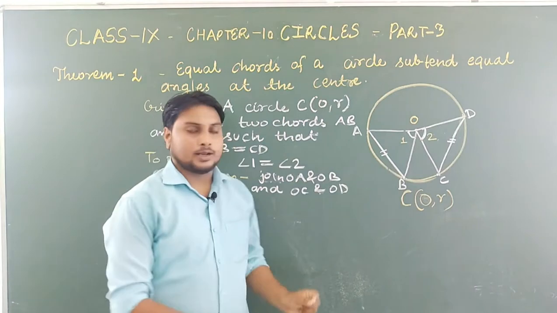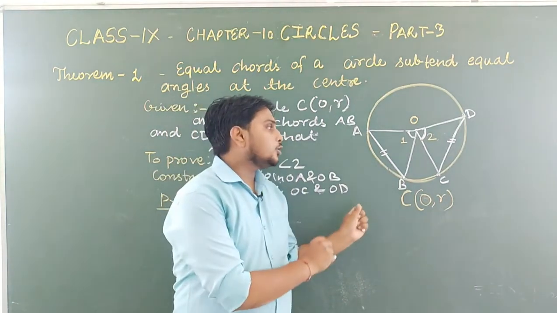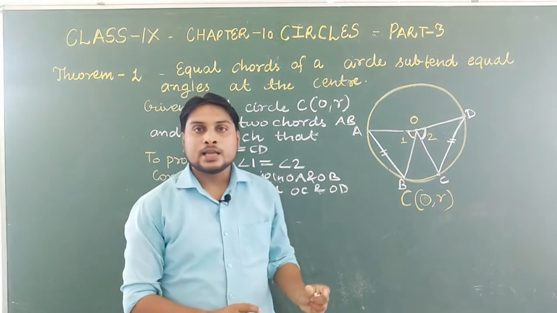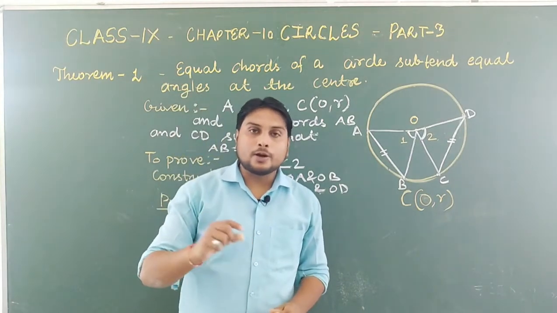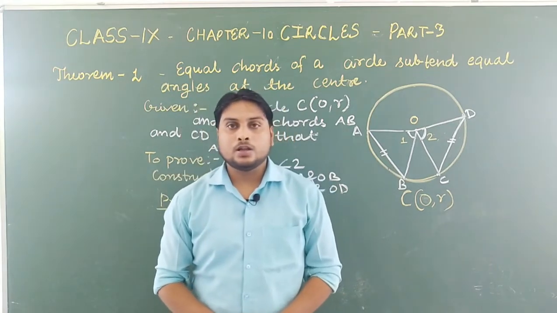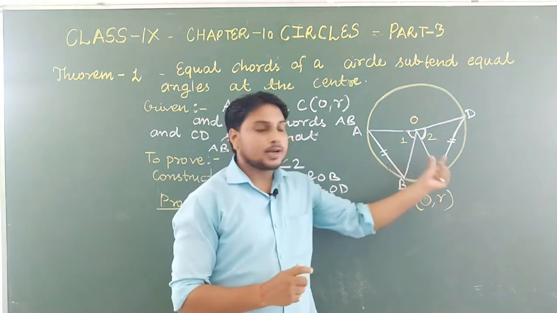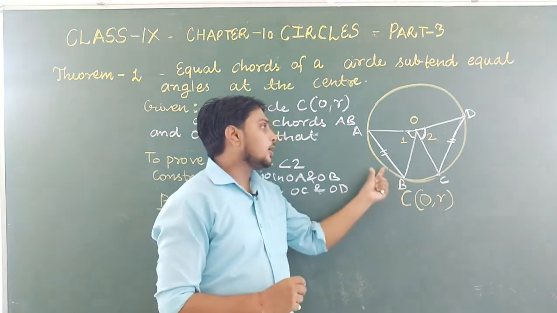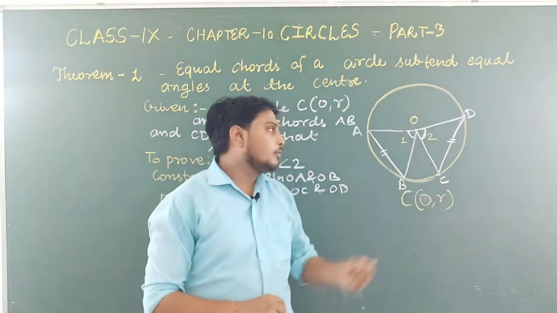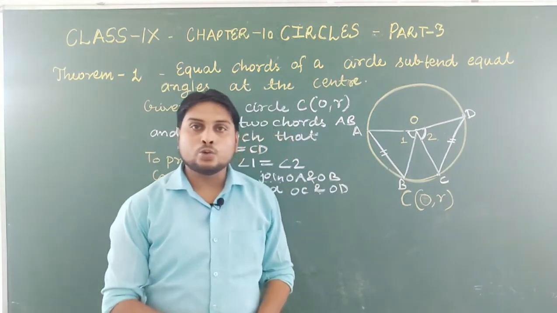If somehow we prove that these two triangles are congruent, then their corresponding parts will be equal, and if their corresponding parts are equal, then it is obvious that angle 1 is equal to angle 2.